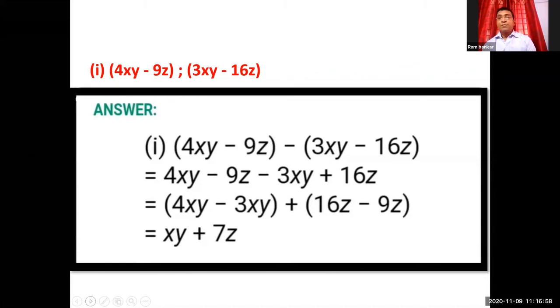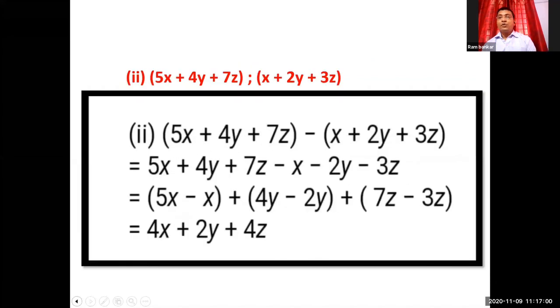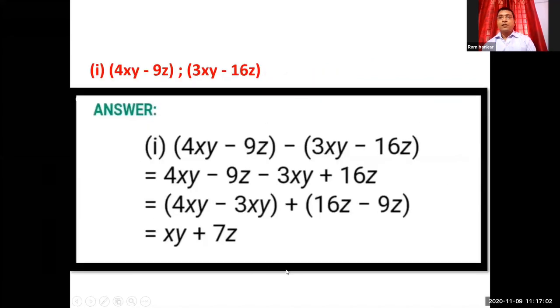In the second step, what do we have to do? We have to put together the like terms: 4xy minus 3xy, plus the next like terms, 16z minus 9z.